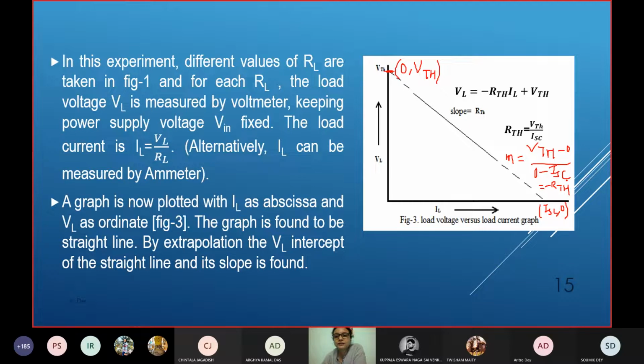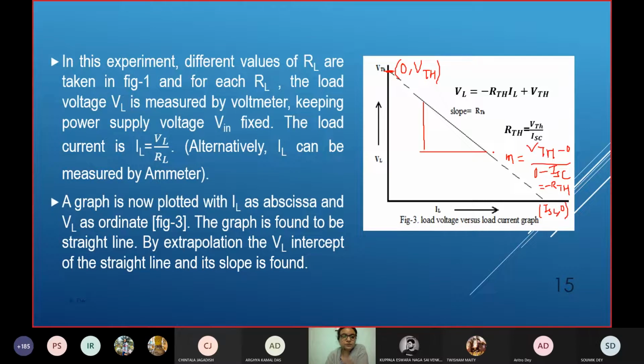And from the gradient of this graph, we will find out the R Thevenin. So the analytical value of R Thevenin also we will find over here, and compare that with the experimental value.